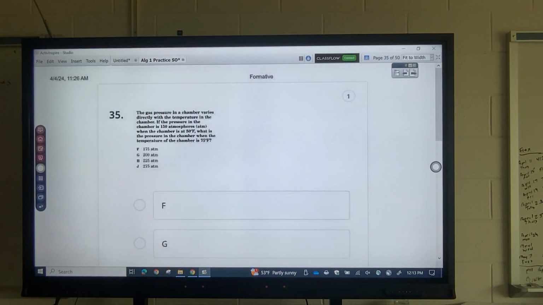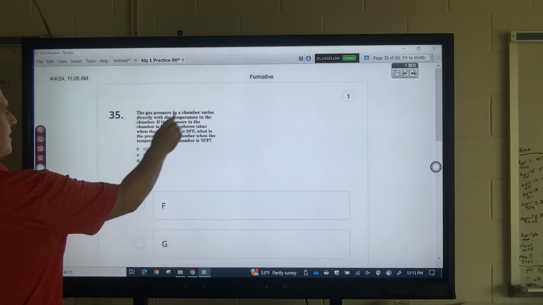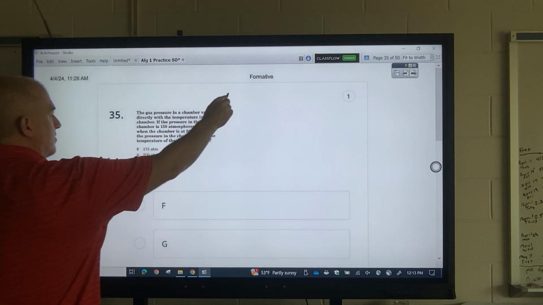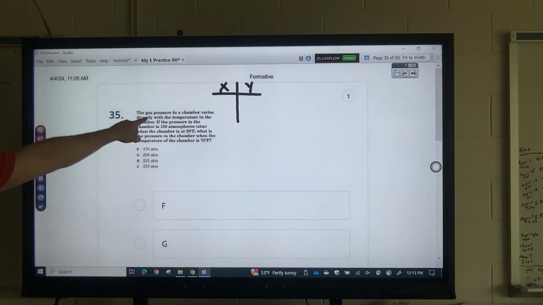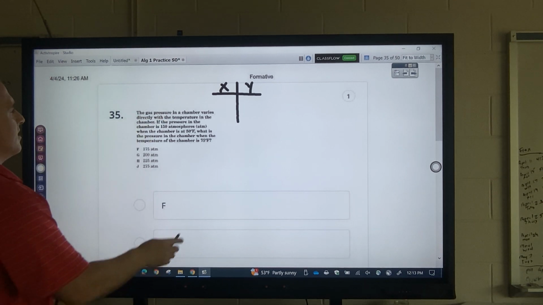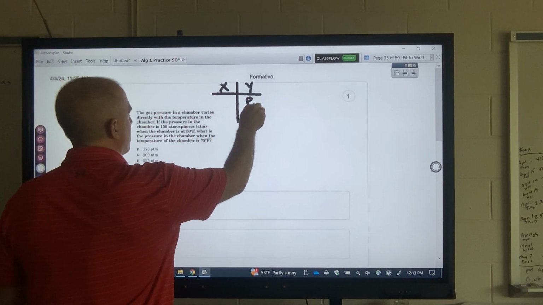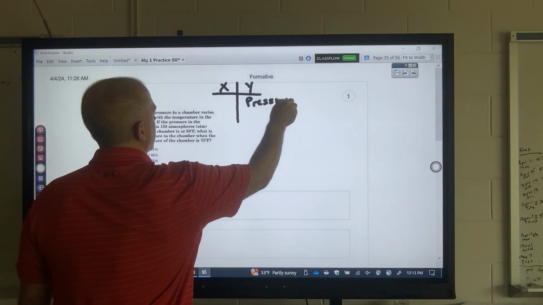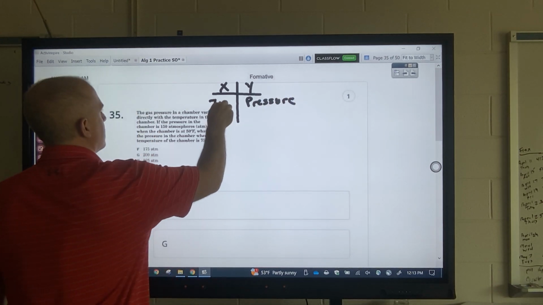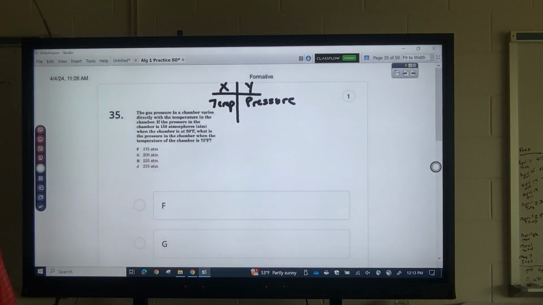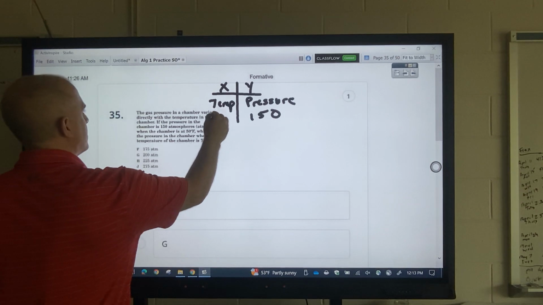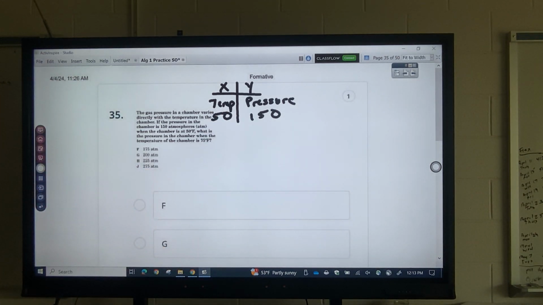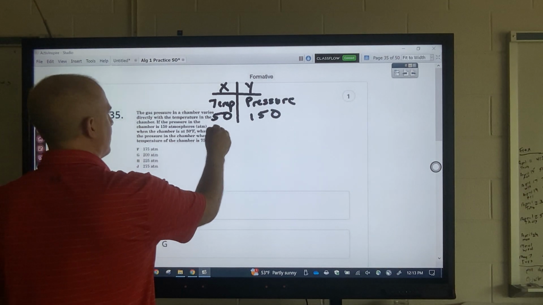Okay? It says gas pressure varies directly with temperature. Okay? All right, so I got x and y. Since the pressure is first, so pressure, temperature. We're going to fill in these values. This is why you need a pencil with this. If the pressure is 150, when the temperature is 50, what is the pressure when the temperature is 75?